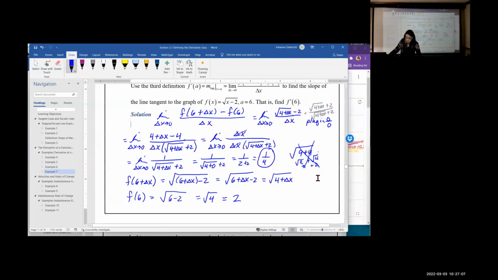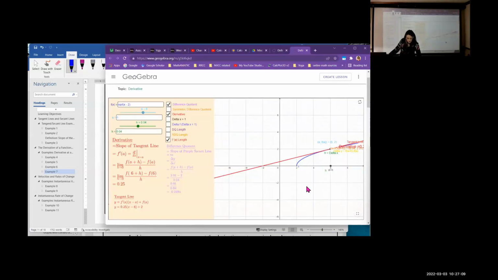Oh, I'm looking at the right thing. It is 1/4. Okay, so I did it right. Whew, I was getting worried there. I was looking at the 2 going, what? I should have looked at what I circled. All right, so the slope of the tangent line at 6 on the graph of the square root of x minus 2 is 1/4. That's what we're finding.